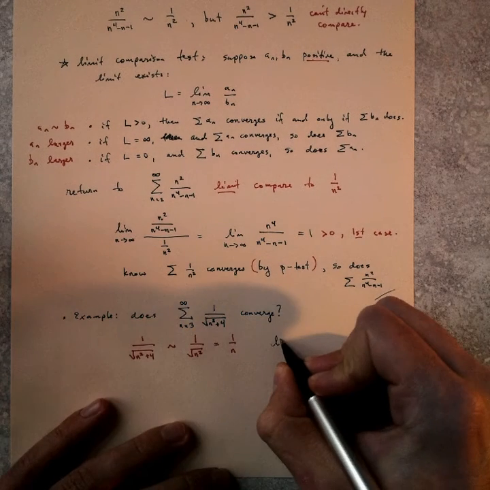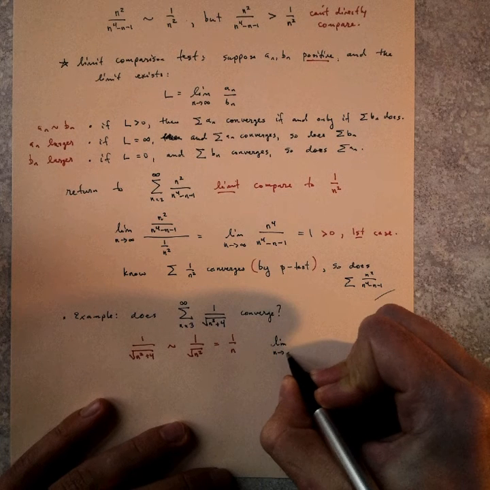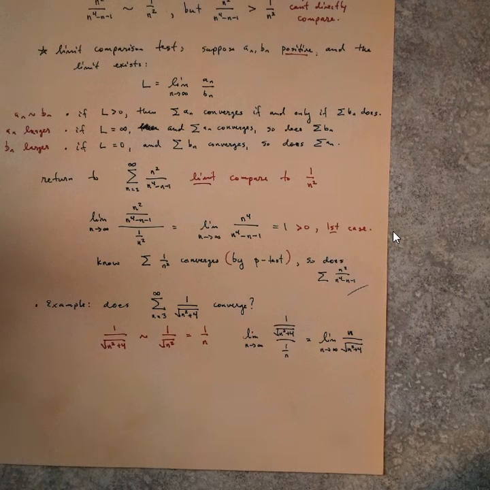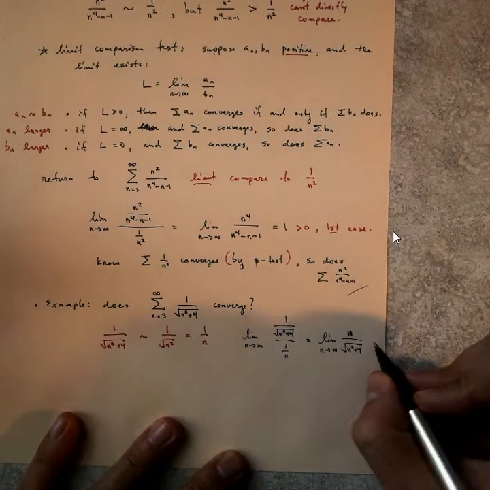Now if you do the limit, 1 over root n squared plus 4 divided by 1 over n, you get n divided by square root of n squared plus 4. Okay? This limit is 1.